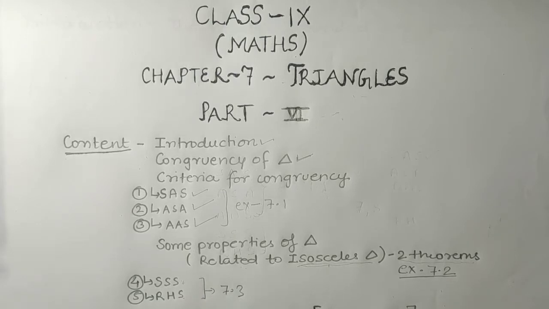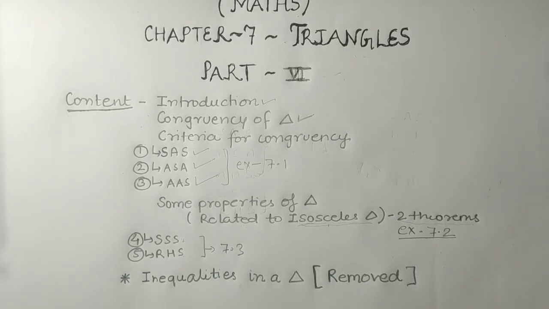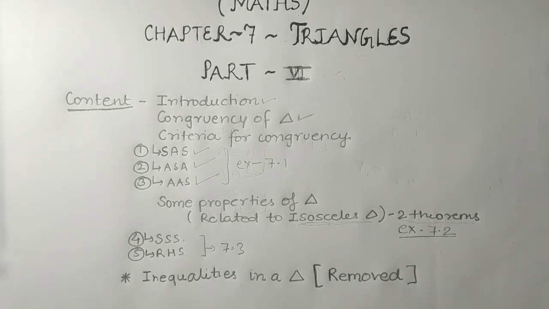One more topic was there in this chapter, that is inequalities in a triangle. But students, according to the new syllabus for this session, this topic is now removed. So we'll not study inequalities in a triangle.